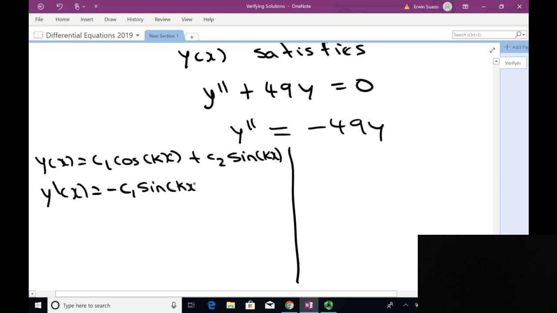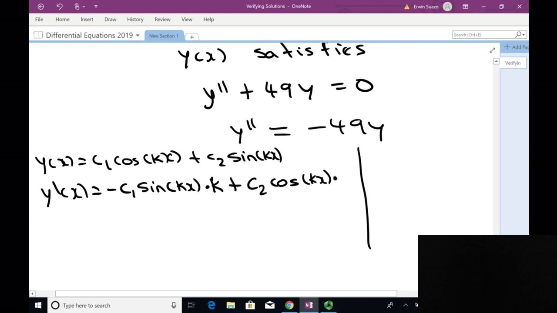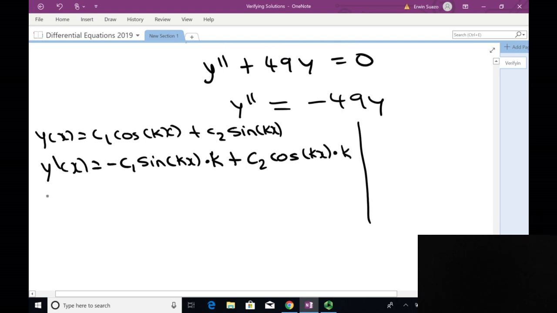Negative c1 sine kx, times k, right? Plus c2 cosine kx times k. So then you got y double prime, and this is what?